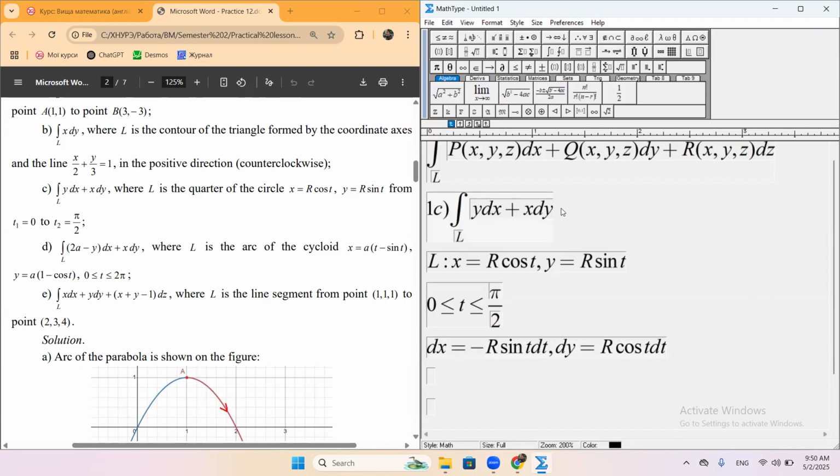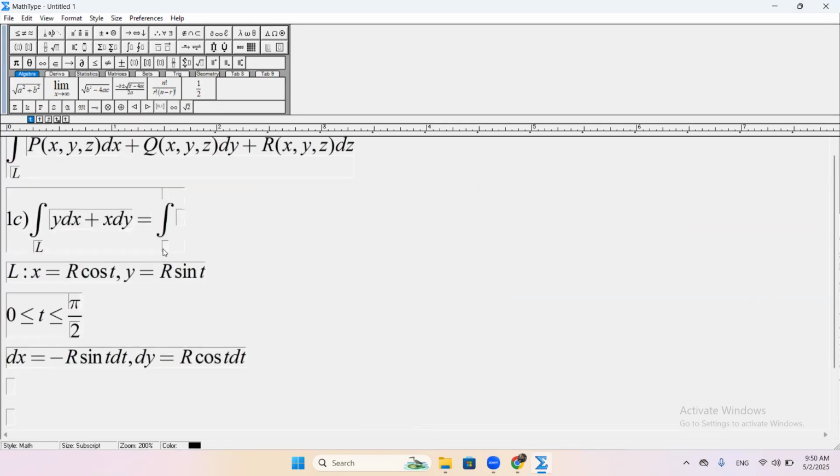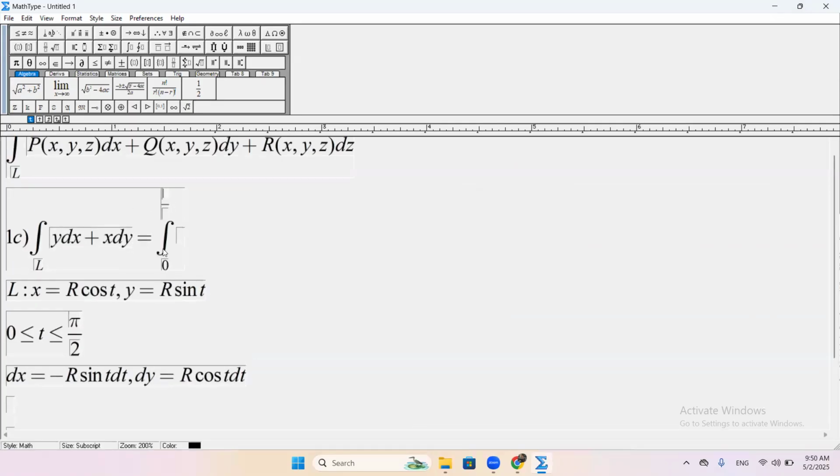So we will substitute everything into the integral. So we have limits of integration, so we know them, from 0 to pi over 2. So y dx will be equal to r sine of t by this expression, so minus r square sine square of t, and x dy, so plus r square cosine square of t dt.